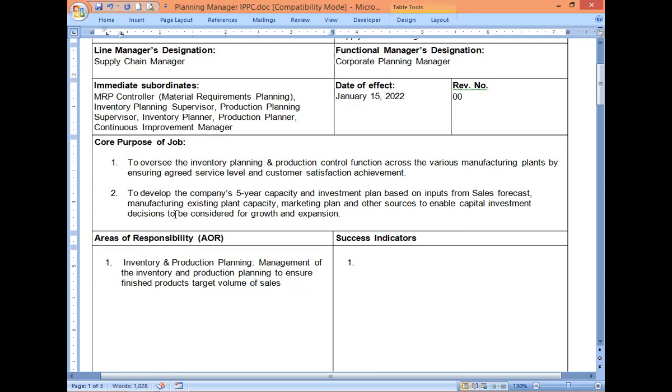Management of the inventory and production planning to ensure finished products target volume of sales is achieved, and manufacturing plants are effectively utilized, right?